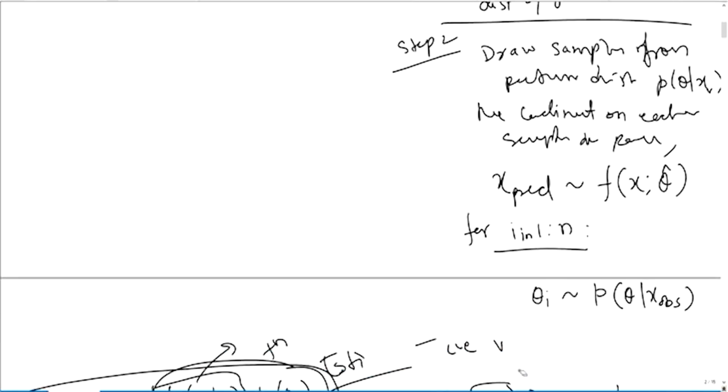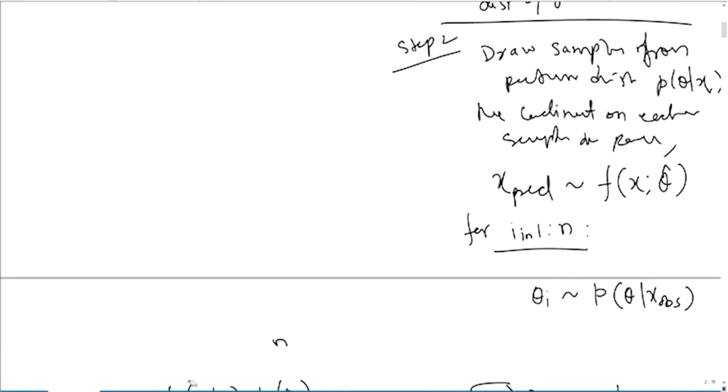And then conditional on each theta i, you will generate predictions from f of x given theta i. This will be a posterior predictive sample. So this is the process, and it will give you posterior predictive samples. You have done this earlier in the previous lecture.